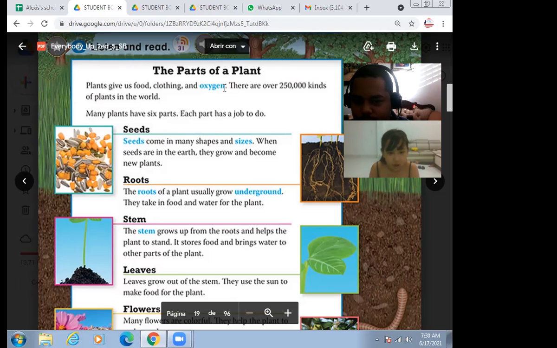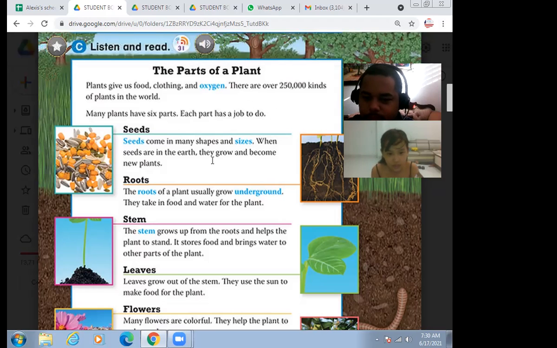When seeds are in the earth, they grow and become new plants. Roots. The roots of the plant grow under the ground. They take in food and water for the plant. Stem. The stem grows up from the roots and helps the plant to stand. It stores food and brings water to other parts of the plant.